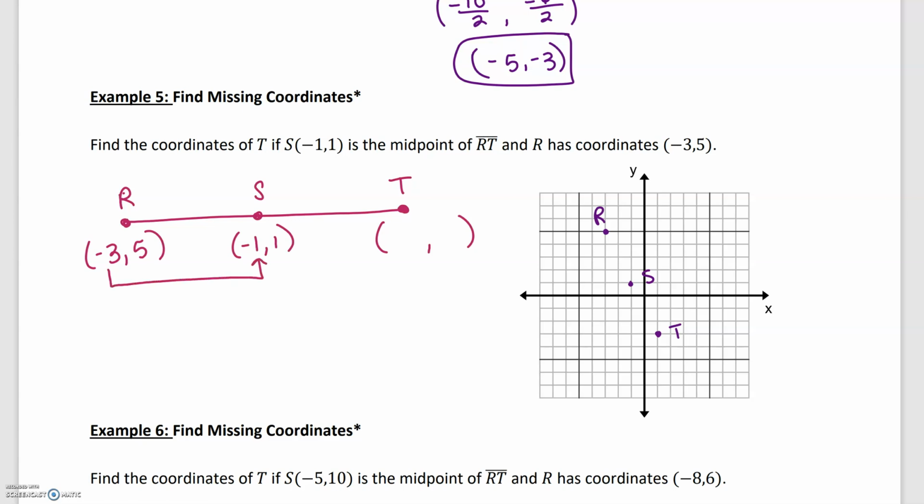What are they adding or subtracting? It looks like they would be adding 2 in order to get from -3 to -1. So we're going to repeat that same +2. We're going to take our -1 and add 2, and that's going to give me my new endpoint coordinate here. We'll double check and see if we're right over here.